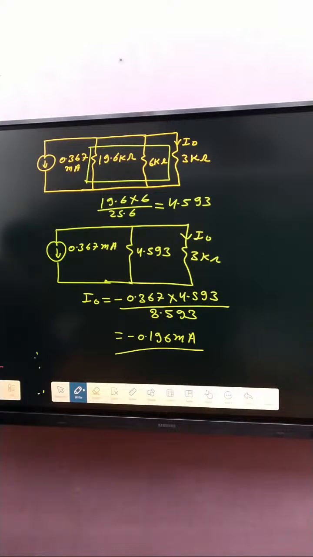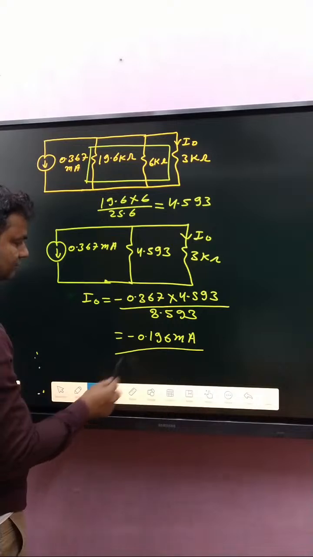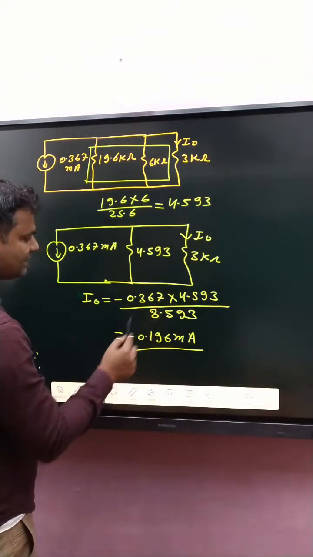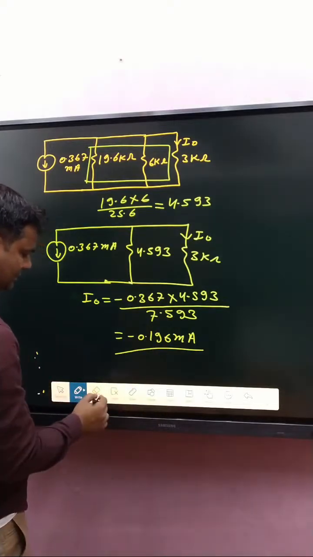Sorry, 4.593 plus 3, that's 7.593, not 8.593.